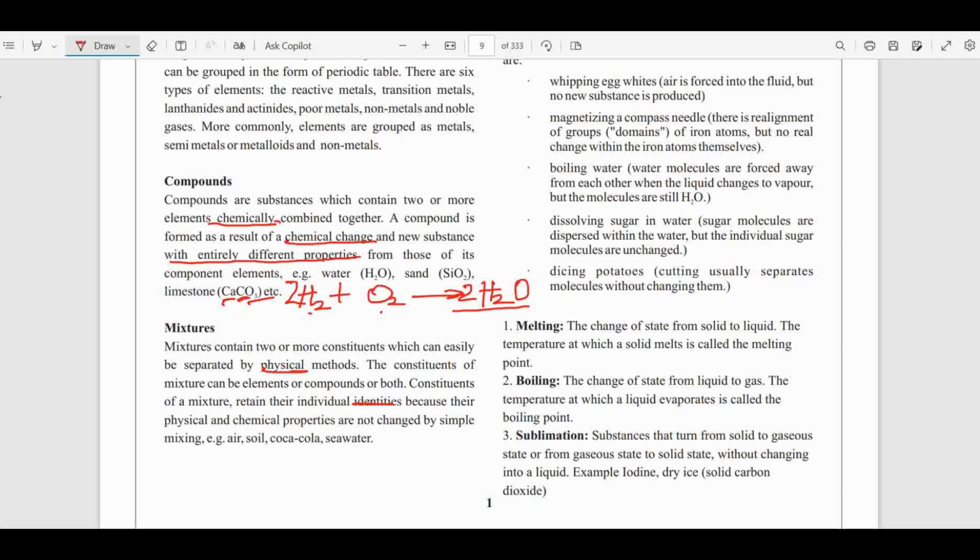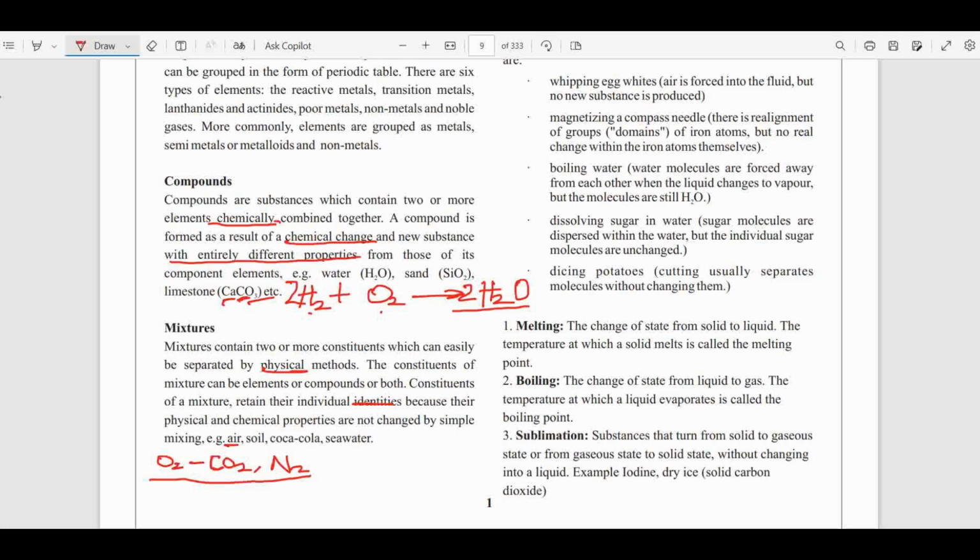For example, air is a mixture of gases such as oxygen, carbon dioxide, and also nitrogen. Now, in the mixture that forms air, each of these constituents still retains its individual identity.